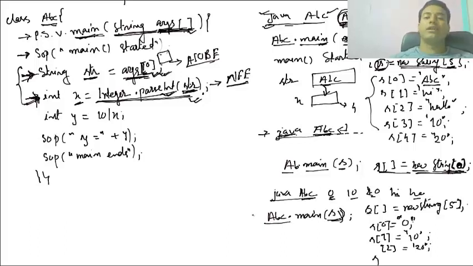Now the main method is loaded and execution started. Now it prints "main started", first statement executed, okay, fine. Second statement, when control comes, first args of 0 has to be stored into str. What is args of 0? Args of 0 is "0", so "0" is stored into str, no exception in this statement. Now when you come to the next statement, Integer.parseInt of str, what is the str value?